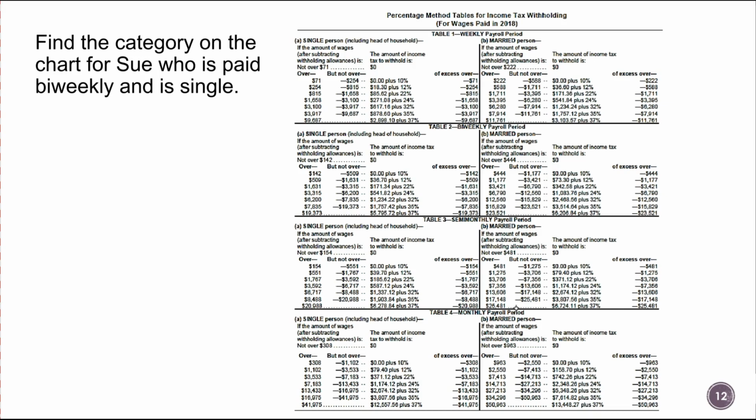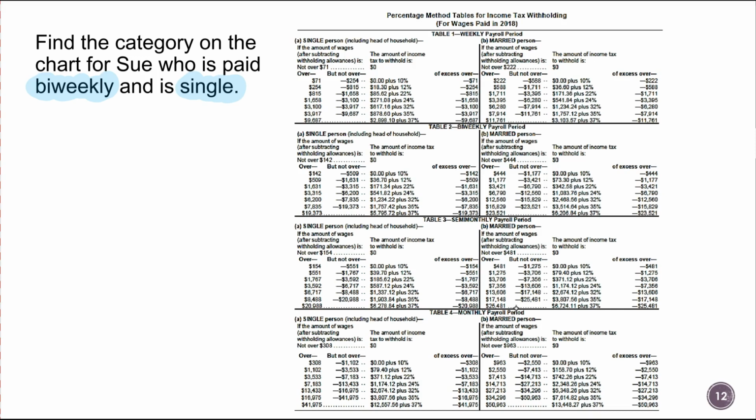All right. Then we have to take this chart, and the chart can be kind of hard to read. You can find this also in your book, and figure out where on this chart we are going to go based on this person, Sue, who is paid bi-weekly, and she is single. Now, the federal withholding charts have 8 portions here. You can see it's split.